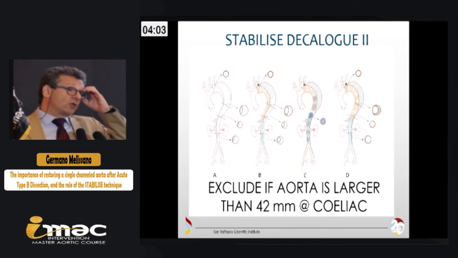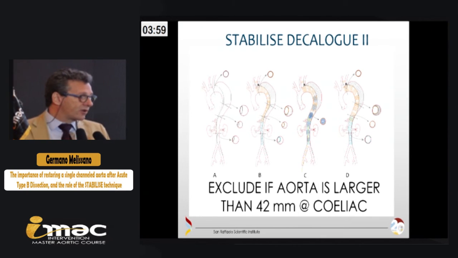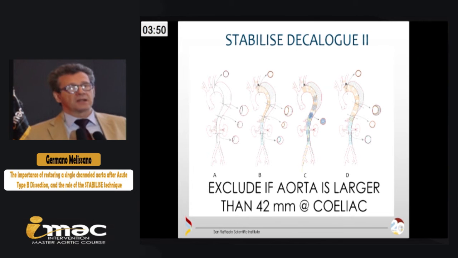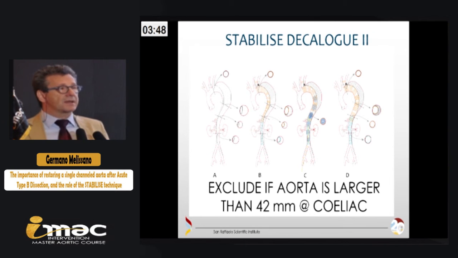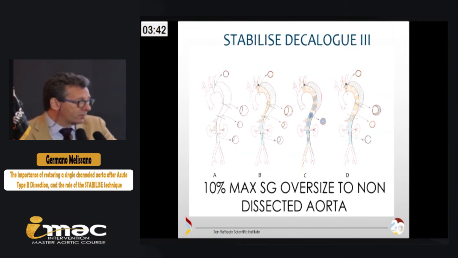And in order for it to make sense, you don't want the celiac aorta to be larger than 40 or maybe 42 millimeters. Why is this? Because if the aorta is already aneurysmatic, is already dilated at the celiac level, there is no chance for the lamella to go back to the outer portion of the aorta, so it does really not make sense anymore. It should be performed previously.